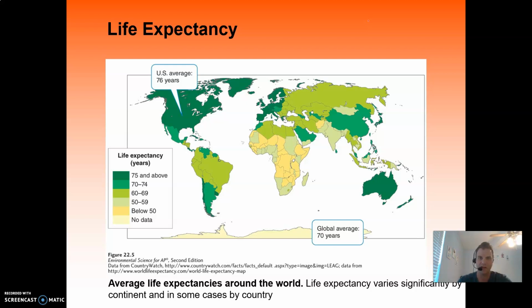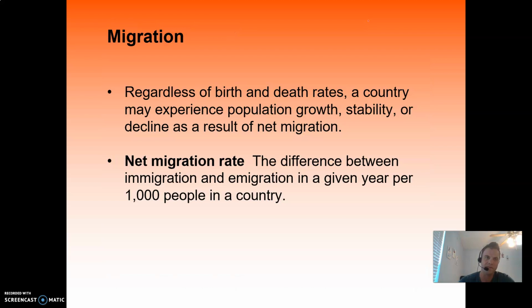As you can see around the world, most MEDCs, or developed countries, are going to have above 75 average years life expectancy. And as you can see, there are places in Africa that have less than 50. So you've got major discrepancies in MEDCs versus LEDCs in terms of life expectancy.